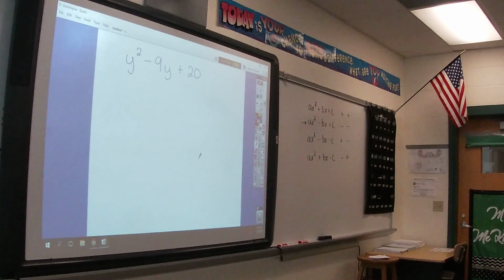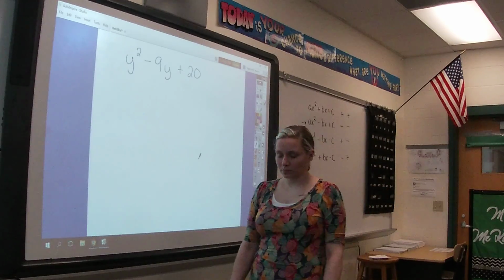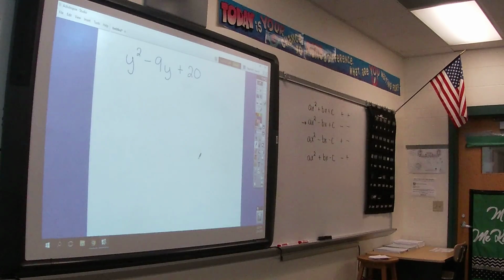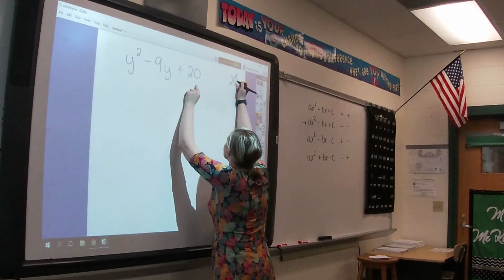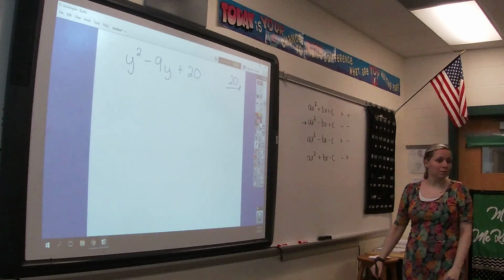Okay, so y squared minus 9y plus 20. So we'll multiply a times c. What is a times c? 20, right? Because it's just c in these problems. We're going to list our multiples.